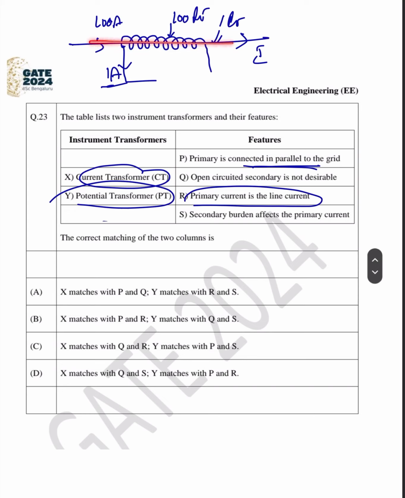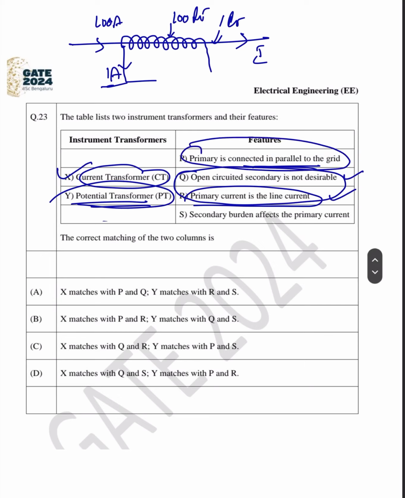This is one winding of the primary, and this is the secondary. So in the primary circuit, actual current is flowing. So this is meant for CT. These two belong to the current transformer.